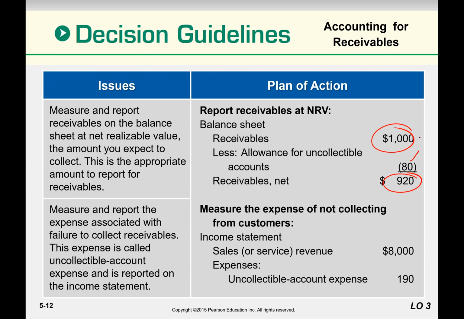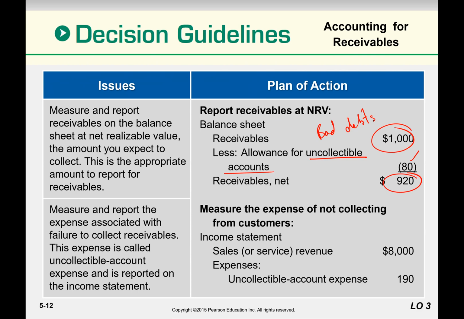It is going to be a bad debt. Some books mention uncollectible accounts as bad debts. So don't be confused if I use the word bad debts more often, it means uncollectible accounts.